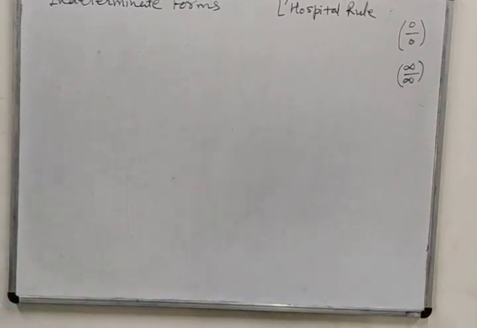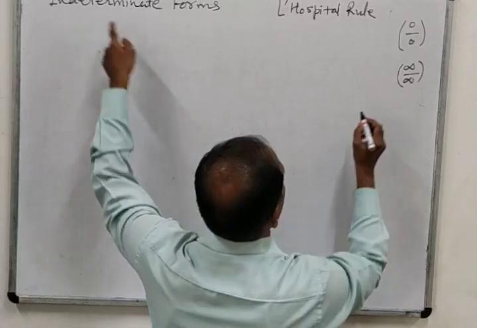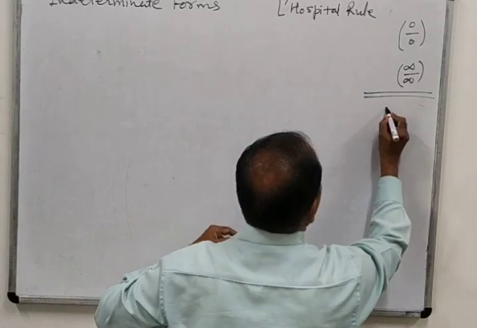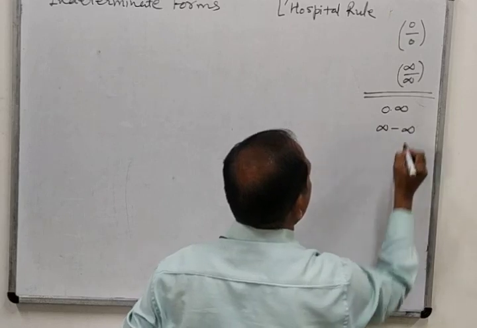Okay, now let us see other kinds of indeterminate forms, which are 0 into infinity, infinity minus infinity.